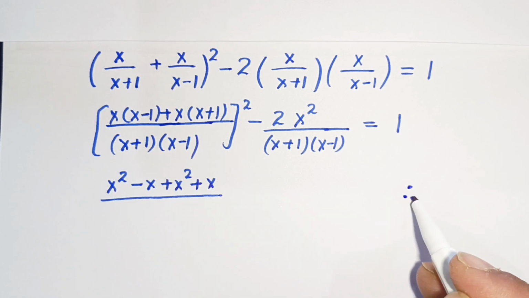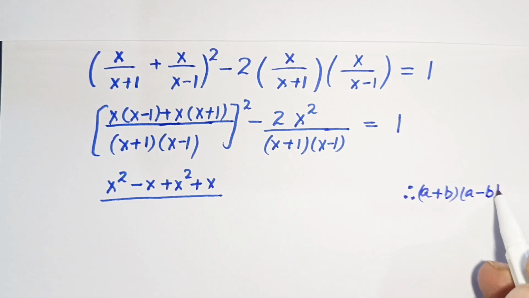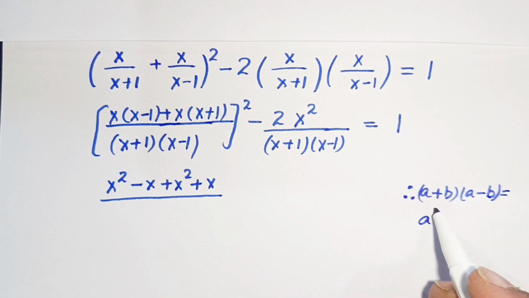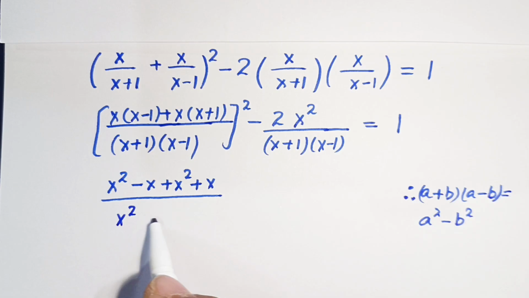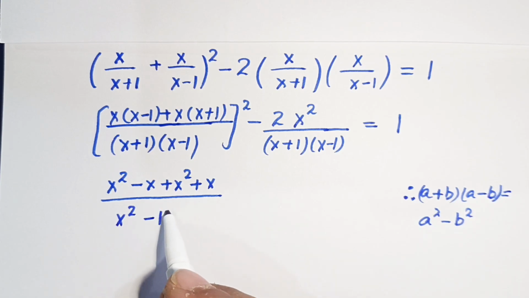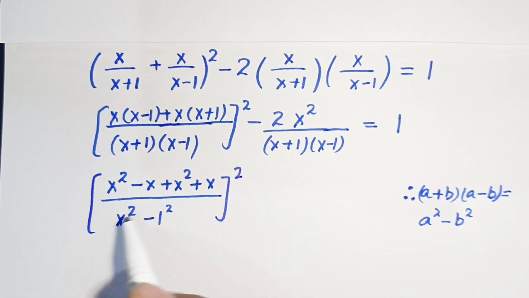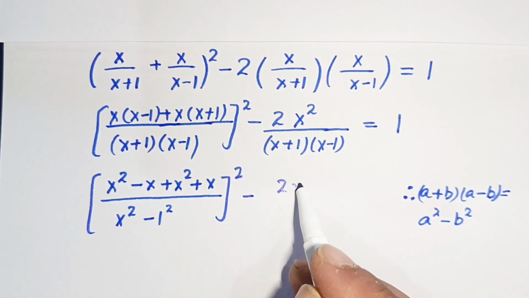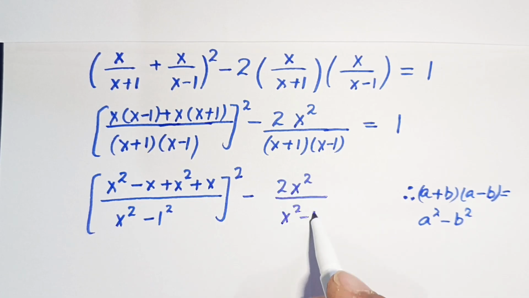So we know that if we have (a plus b) times (a minus b), then it will be equal to a squared minus b squared. So here x squared minus 1, that is 1 squared, so whole squared, minus 2x squared. Here we get (x squared minus 1) squared, which is equal to 1.